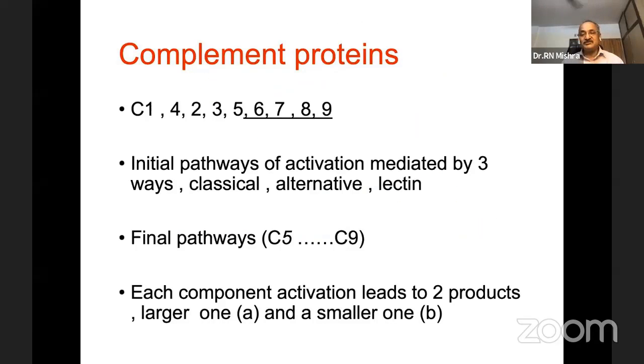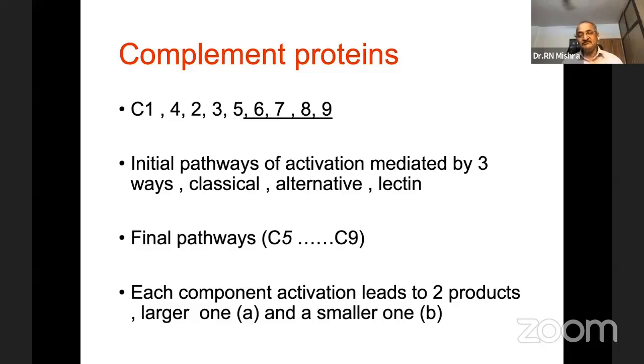I will talk first about the complement system, which is similar to the coagulation system of proteins. As you know, there are several proteins where one activates the other, then the other activates the next, like a cascade, to cause clotting.